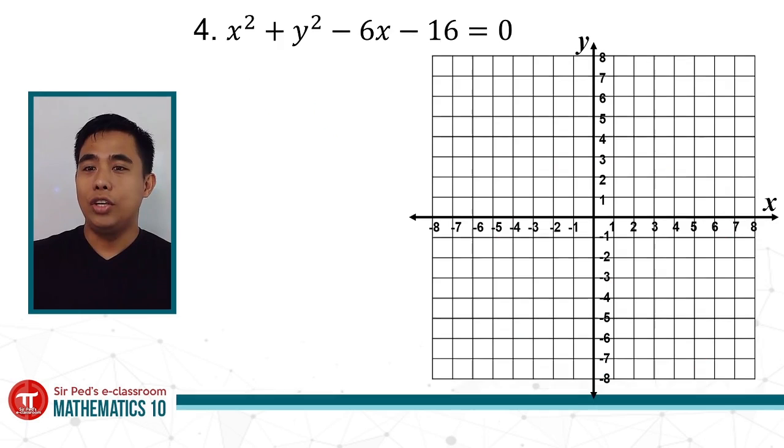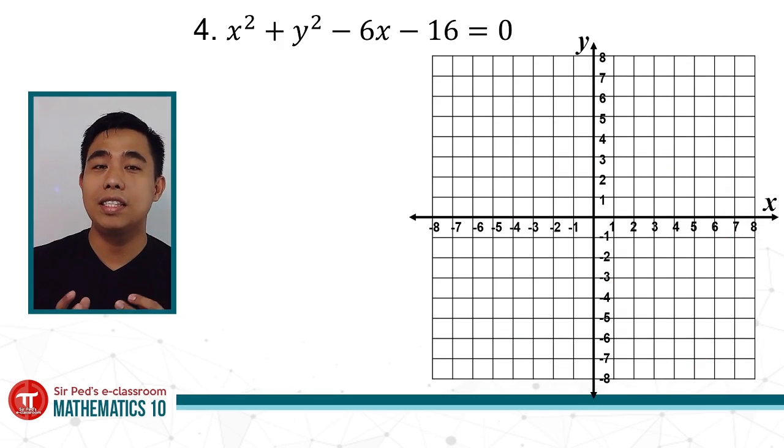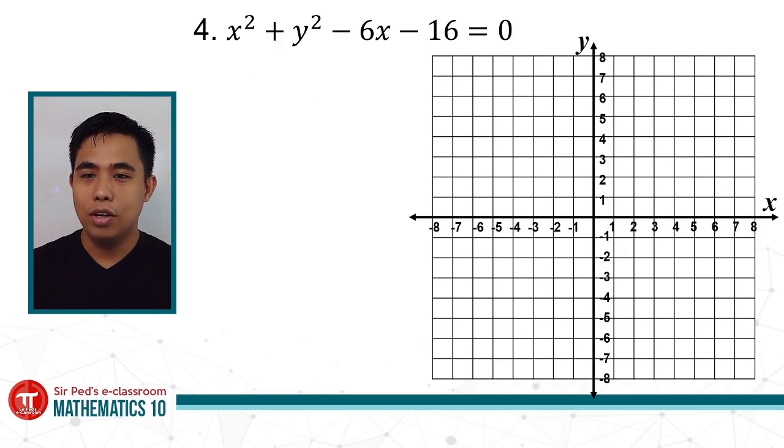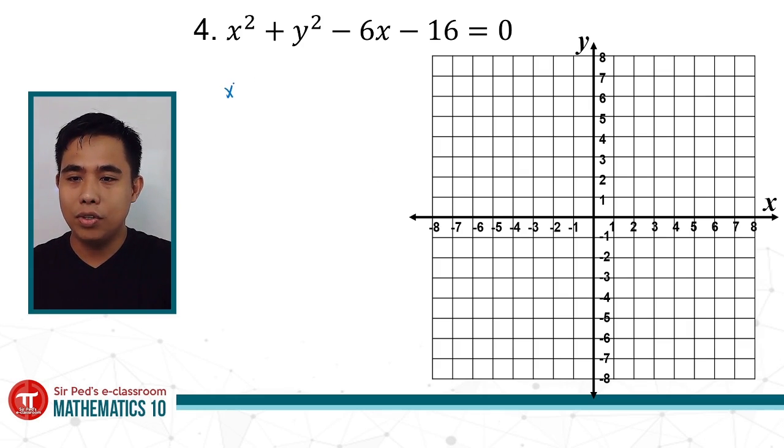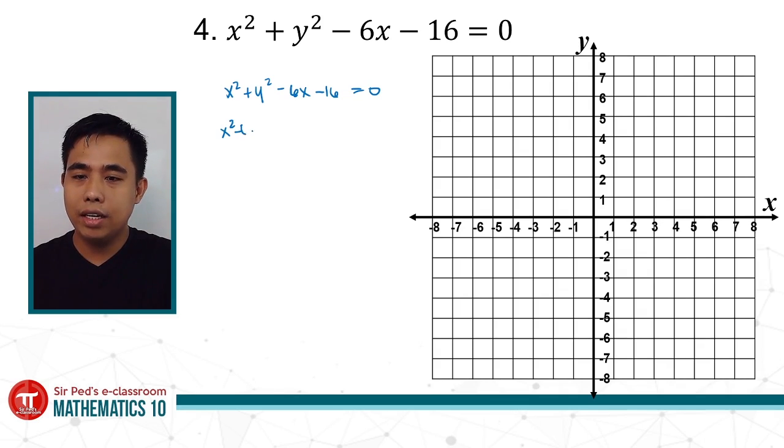And last, yung number 4 natin, naka-general form. So we are going to write it first in standard form. So x squared plus y squared minus 6x minus 16 equals 0. So you group yung mga terms na may variable x. So that is x squared minus 6x plus y squared equals constant, ilagay natin sa right side, so that will be equals 16.